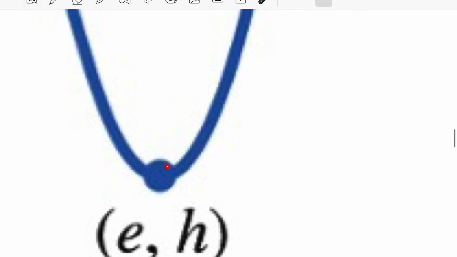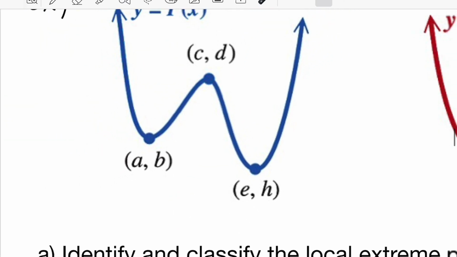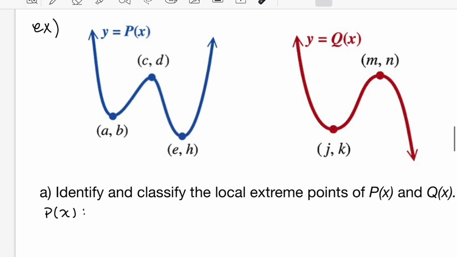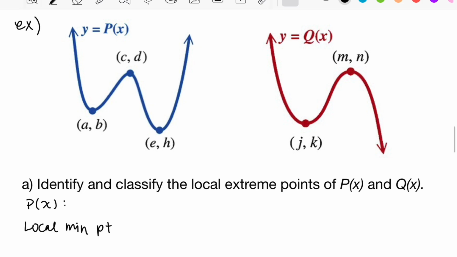All X values as we get close to this point are going to be bigger than this. This is going to be the smallest value in a small region for all X values near this point. Okay. So that would be the local minimum. So we have a local minimum point at AB and at EH.